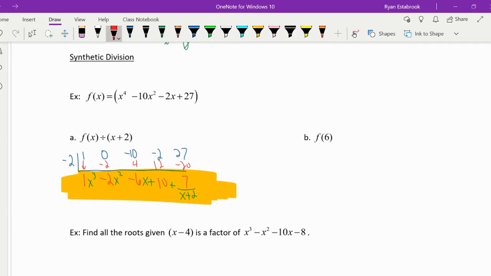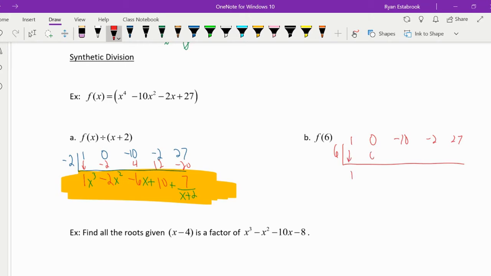The other thing we can do with this synthetic division is what's called synthetic substitution. In other words, if I want to know f of 6, I could plug 6 in for all these x's and evaluate. Or using this process of synthetic substitution, I'm going to do what I did just a second ago.